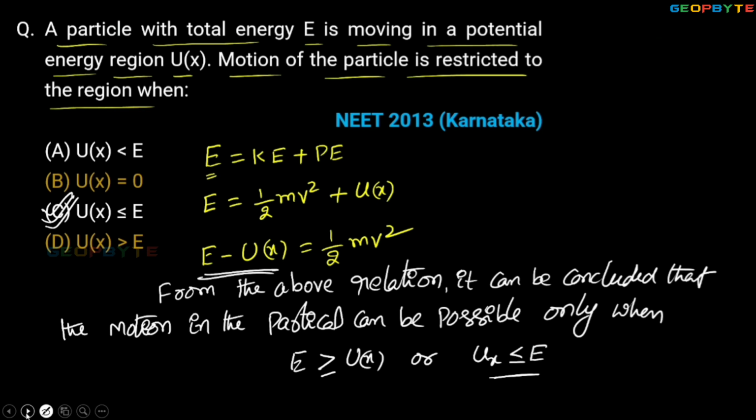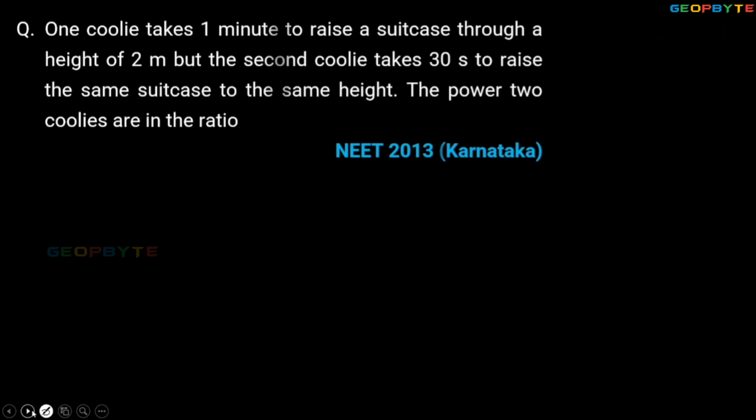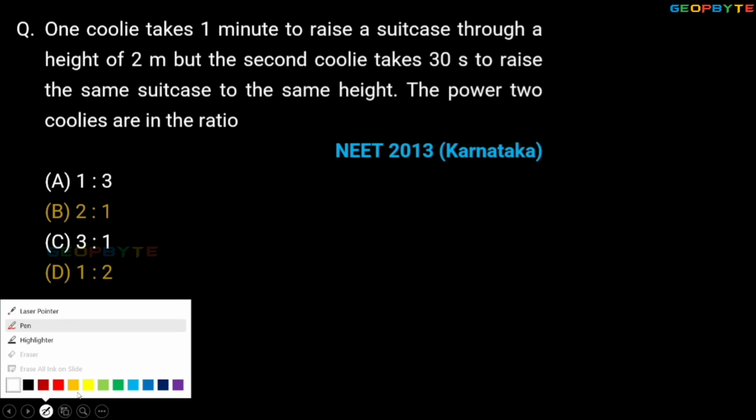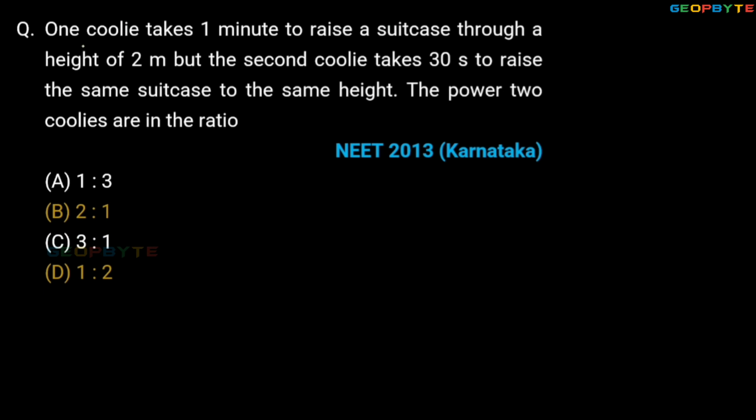Now let us take another important question. Look at this problem. It is asking like this: one coolie takes 1 minute to raise a suitcase through a height of 2 meters, but the second coolie takes 30 seconds to raise the same suitcase to the same height. Same suitcase means m1 equal to m2.